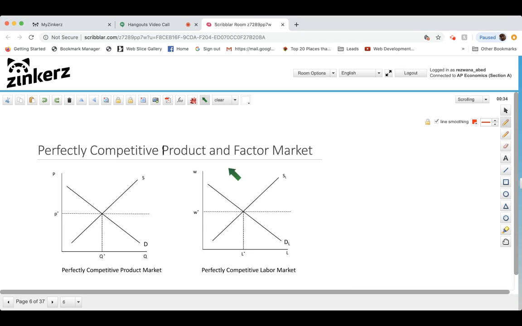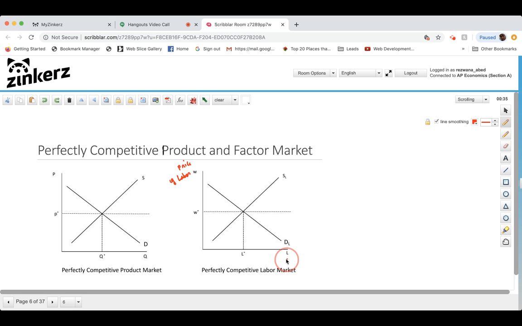And the factor market looks very similar. The only difference here is that this is the price of labor on the vertical axis. This is now the wage, the price of labor from the firm's point of view.